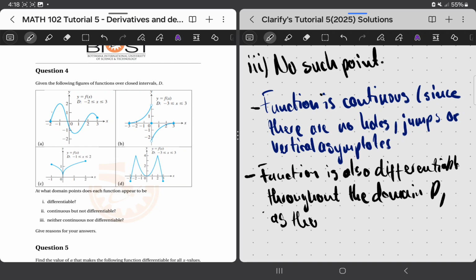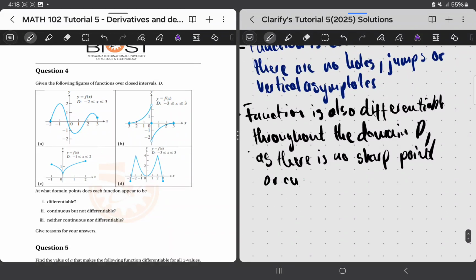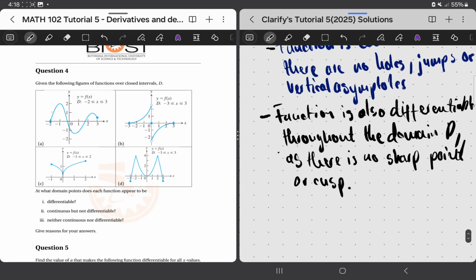As there is no sharp point or cusp. Here it is. We are done. That's just what we look at. And this is part A.